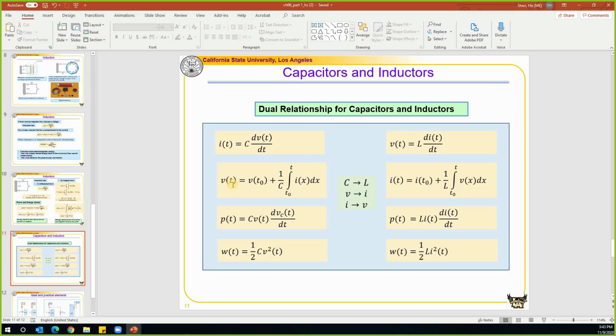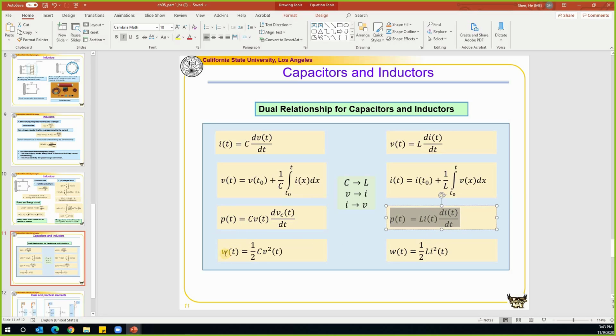And from these two basic equations, we can calculate the voltage on a capacitor and the current through an inductor. On top of that, we can use what we learned from chapter 1 to calculate the power, so that we can calculate the power for capacitors and the power for inductors.